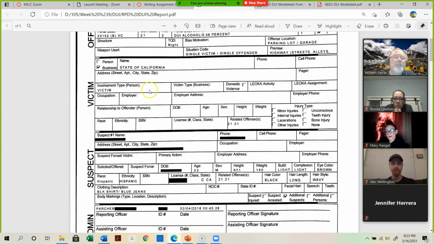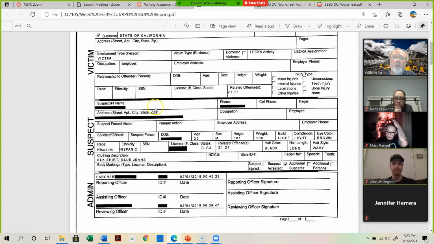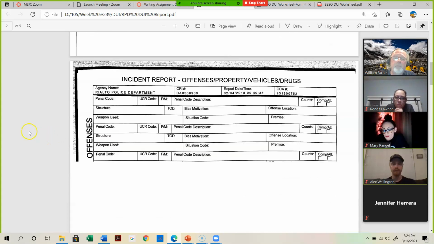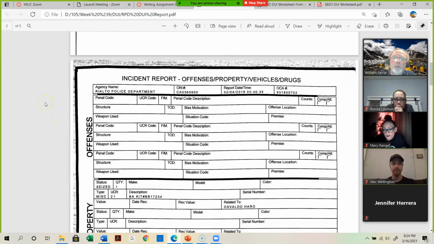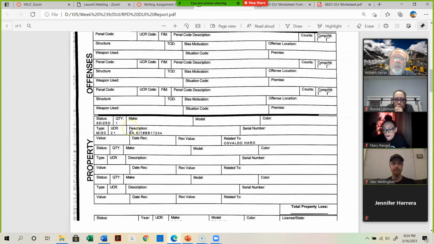The victim for a DUI is actually the state of California, unless they crash into somebody. Your suspect, and this is redacted because it's an actual DUI report, so this way you can't see the name, but it's just like if it was a regular crime, right? Same thing, here's your page 2. You already have the offense on the first page.